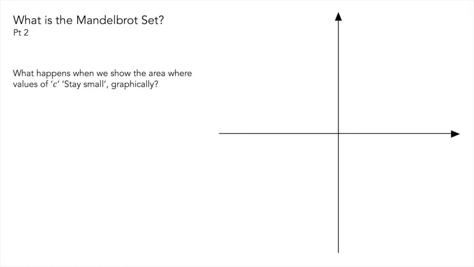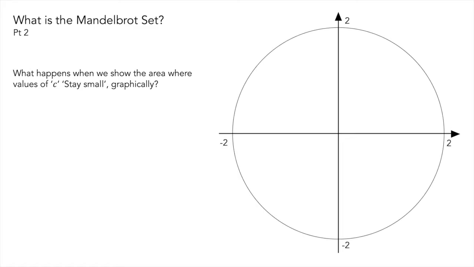Okay, so what is the Mandelbrot set again? Well, to find the Mandelbrot set, we're interested in the values of c which mean that the result stays small. And if we represent this graphically, we can find the Mandelbrot set. So we know it's going to all happen within a circle of radius 2, as soon as it's any larger than 2, it's guaranteed to blow up.